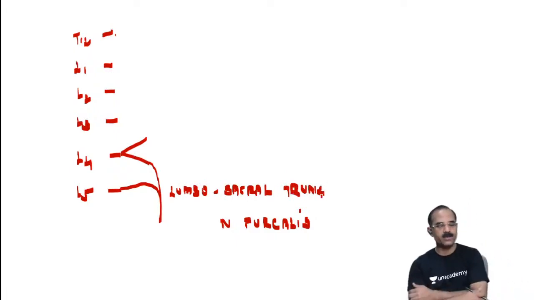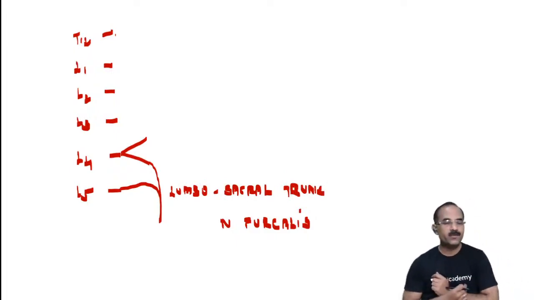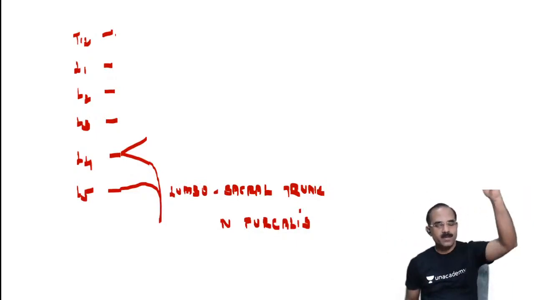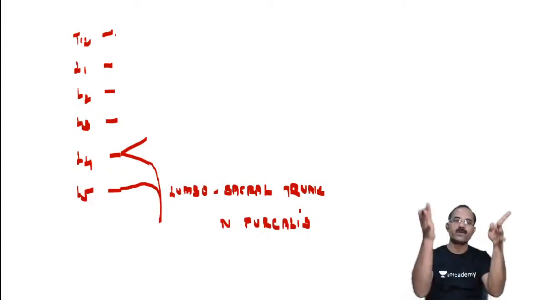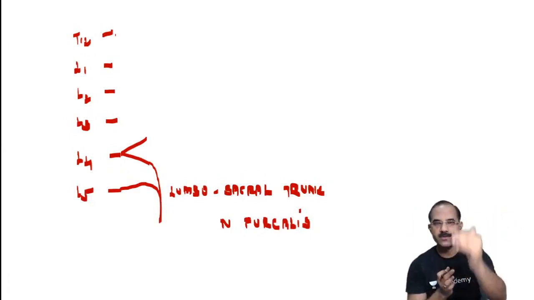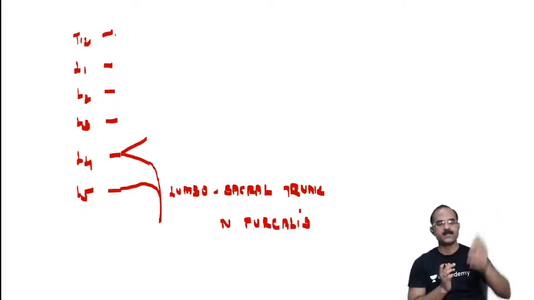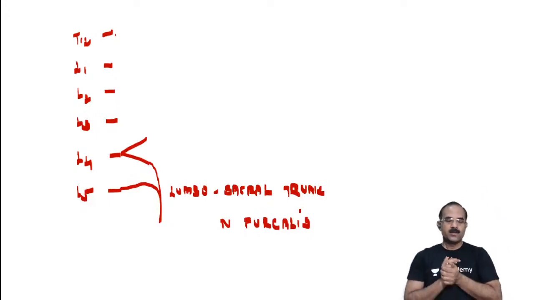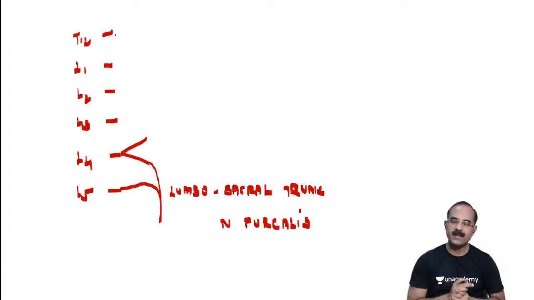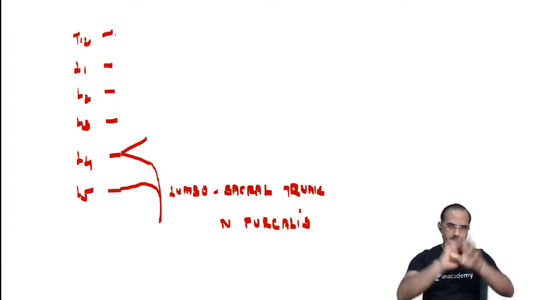This lumbosacral trunk is formed by L4, L5, and it enters the pelvis, joins with the ventral rami of the sacral spinal nerves, and this is what forms the sacral plexus.